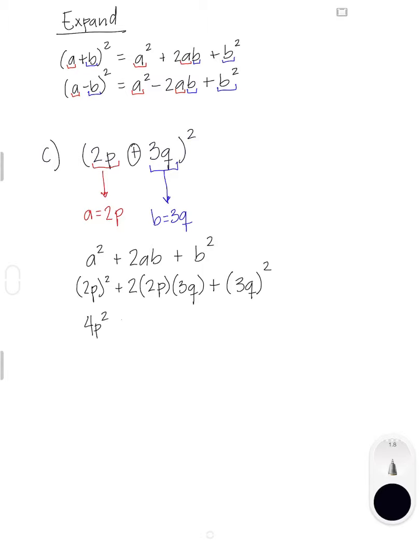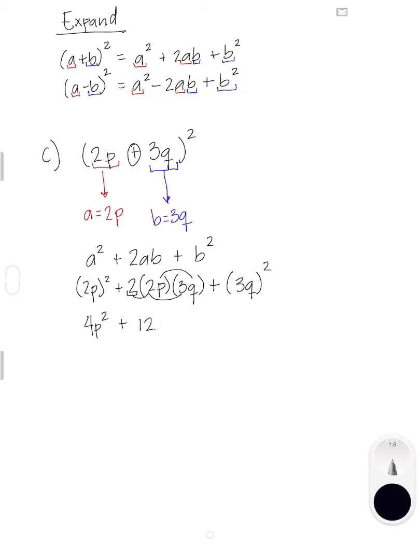So the first one is going to be 4p squared. Then on the second term, this 2 can actually multiply the 2, and then multiply the 3. So 2 times 2 is 4, and then times 3 is 12.